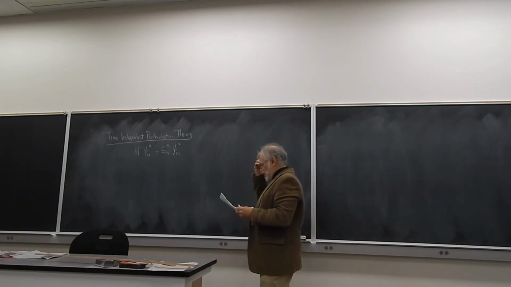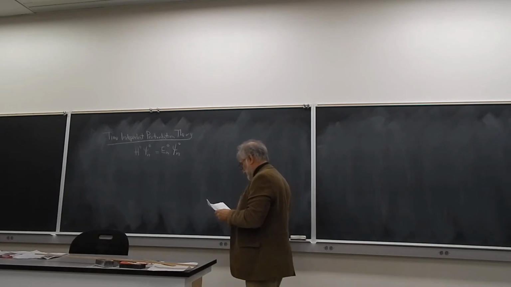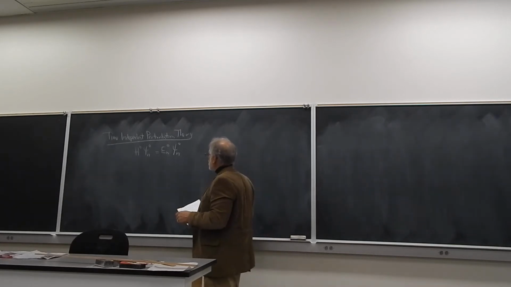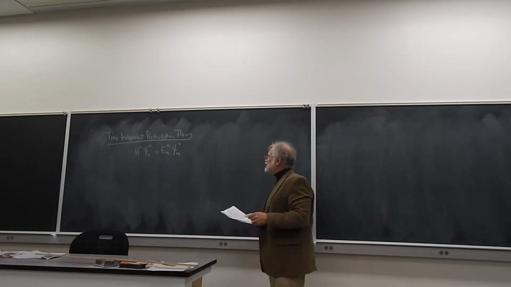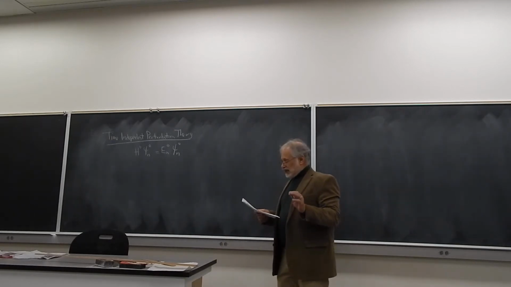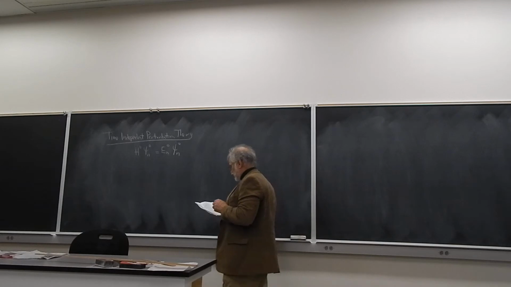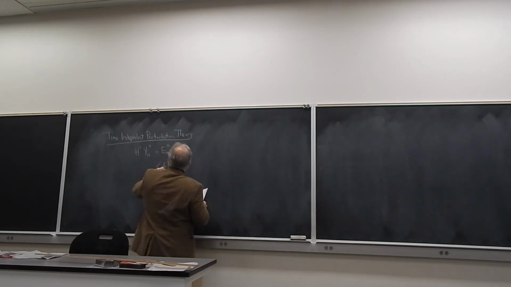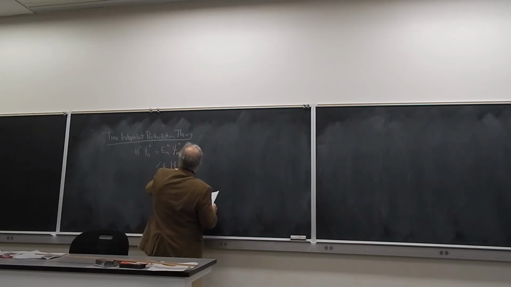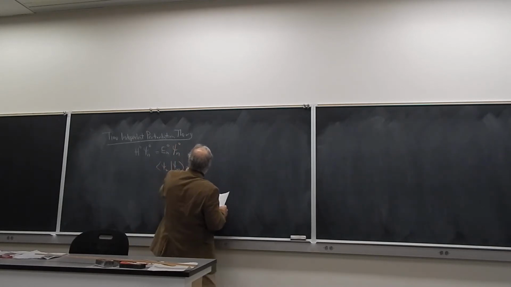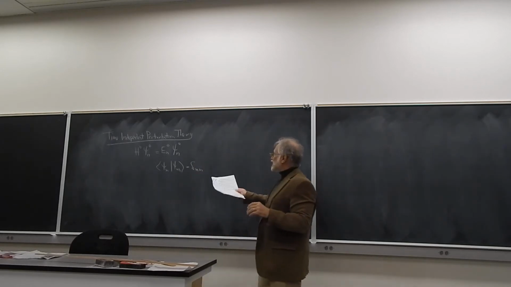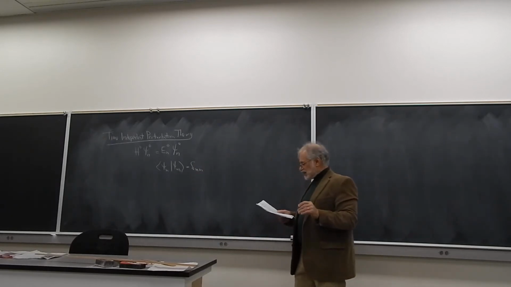Psi sub n0 is the complete set of orthonormal eigenfunctions, such that the inner product of psi n and psi m would be the Kronecker delta n and m. And we were able to obtain the eigenvalues, E sub n, and so on and so forth.